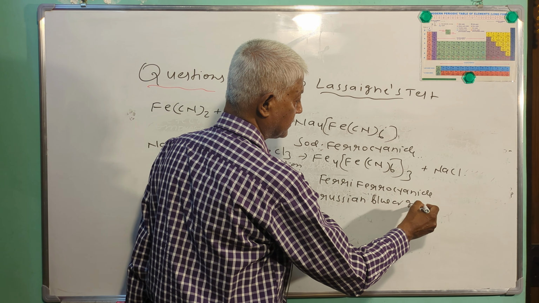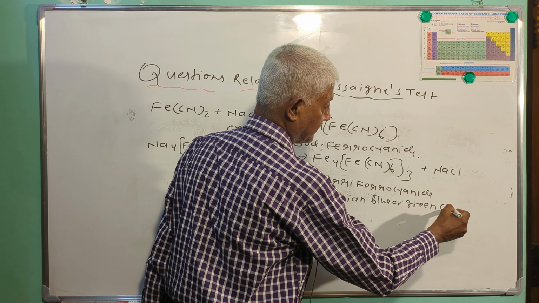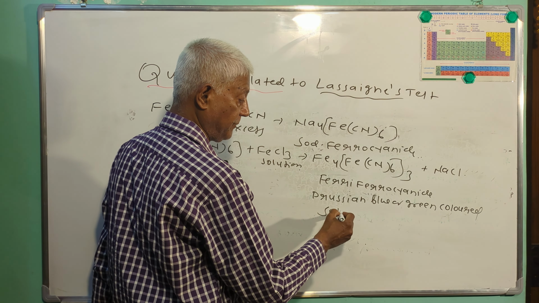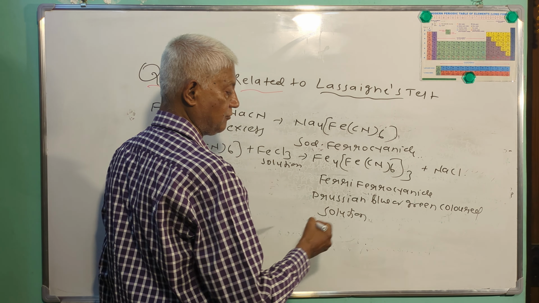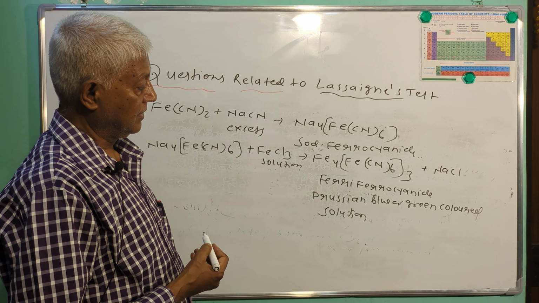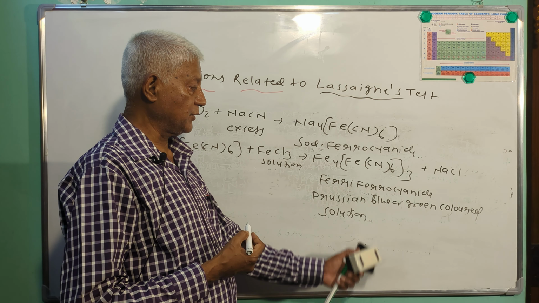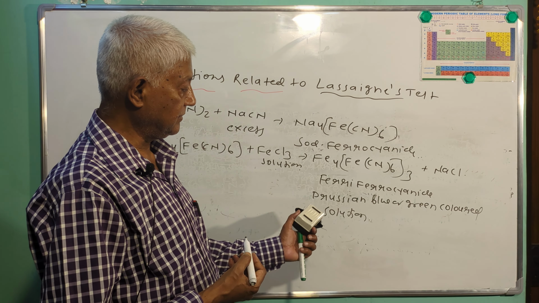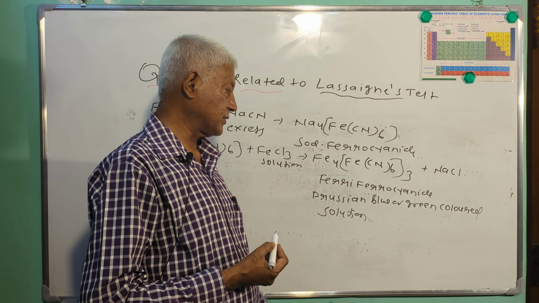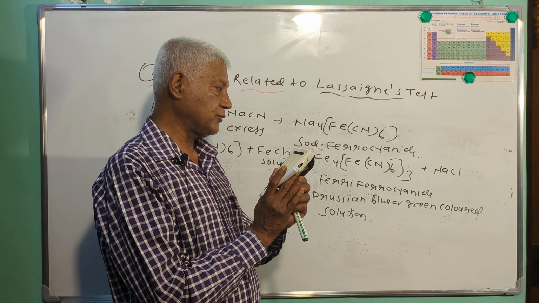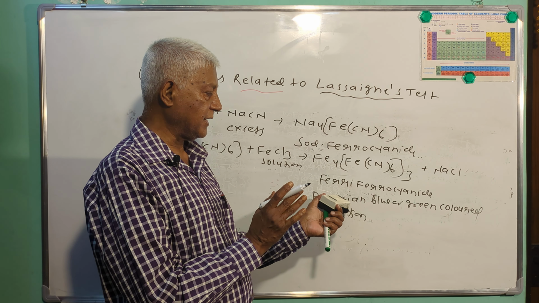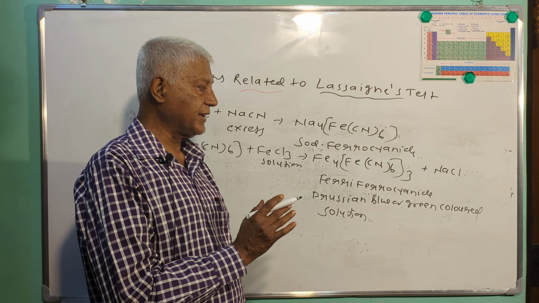Sometimes a green colored solution, not a precipitate. Is Prussian blue a solution or a precipitate? Prussian blue means a color in between blue and green. Sometimes you get Prussian blue, sometimes you get green color.